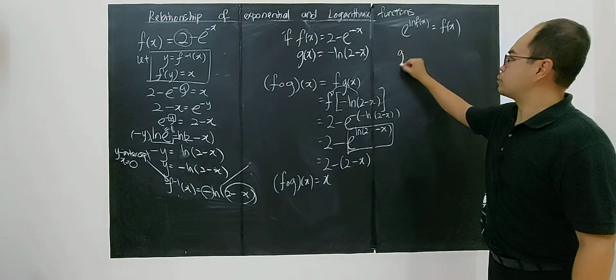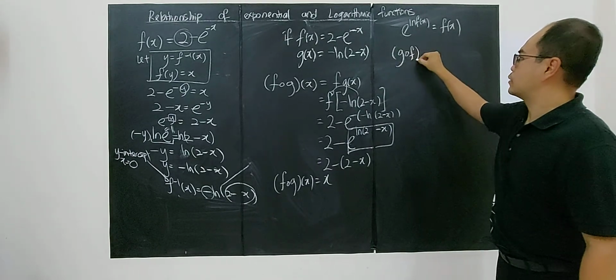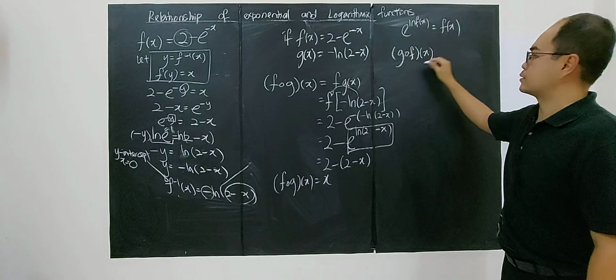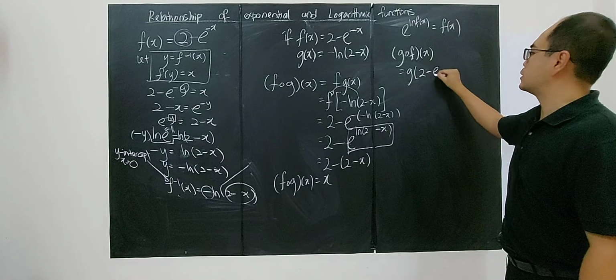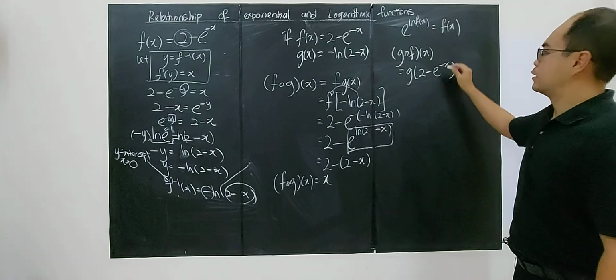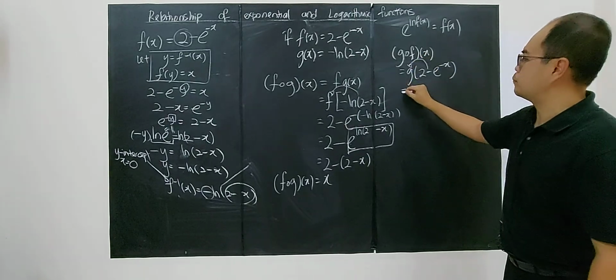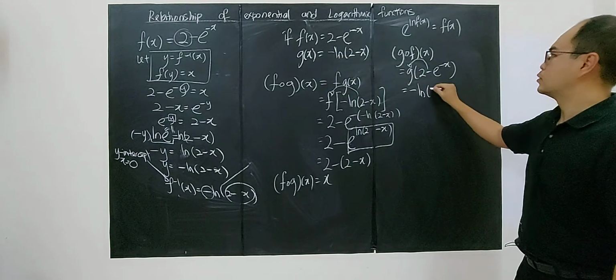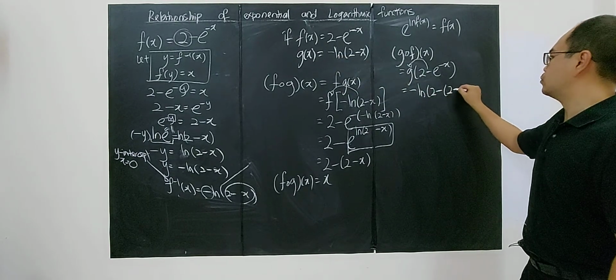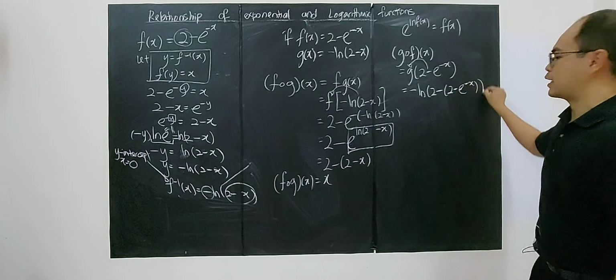The reverse process will also be the same: g(f(x)). What's your f(x)? It is 2 minus e to the power of negative x, and you put it inside g as the input. So you have negative ln(2 minus e to the power of negative x). In your g(x), you replace the 2 minus x by 2 minus e to the power of negative x.